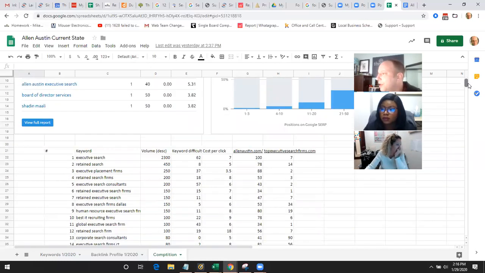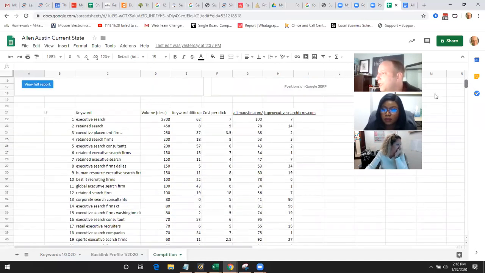So again, these are the keywords that we were looking at. What I did is I pulled one of the most popular domains out there. Not comparing apples to apples here, just looking at the keyword competitive landscape, right? This firm may not do anything that you guys do, but they rank for a lot of the keywords that we want to rank for. And I did a side-by-side comparison as to why they're such a powerhouse and where we're at.